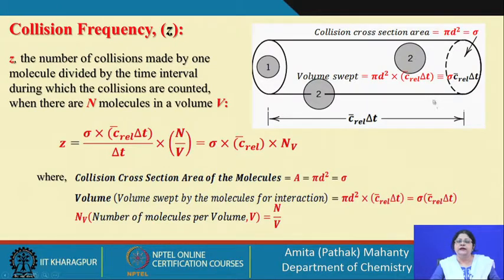What was the distance? The velocity times time gives you the length of this tube. So, this is the volume swept by the molecule in time dt, times the total number of molecules present, that is the number density, the number of molecules per unit volume of the container. We can write the number density as NV.